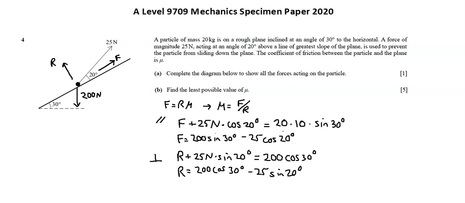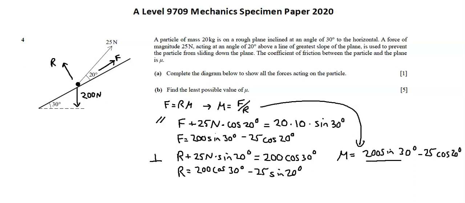And now I can fill in my F and my R to find the value of the coefficient of friction. F, 200 sine 30 degrees minus 25 cosine 20 degrees, over R, 200 cosine 30 degrees minus 25 sine 20 degrees.